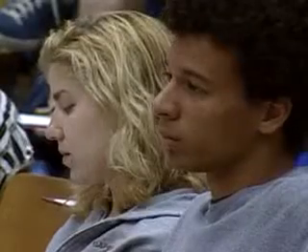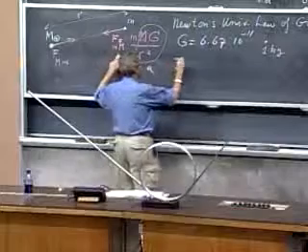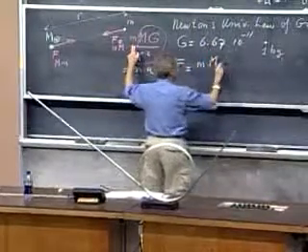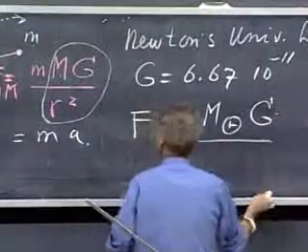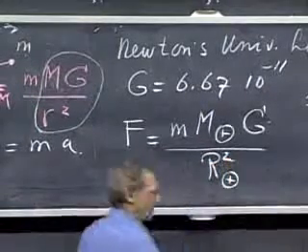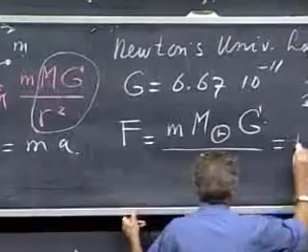If you are standing near the surface of the Earth, then of course the force that I will experience is my mass times the mass of the Earth times the gravitational constant divided by the radius of the Earth squared, just like we had here in 26/100, and so this must be mg.